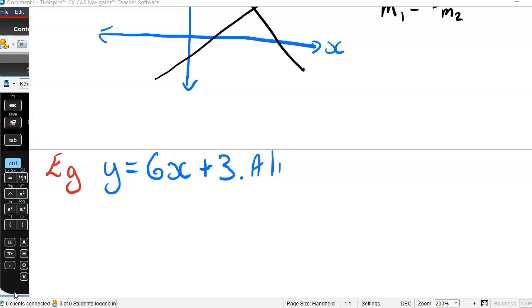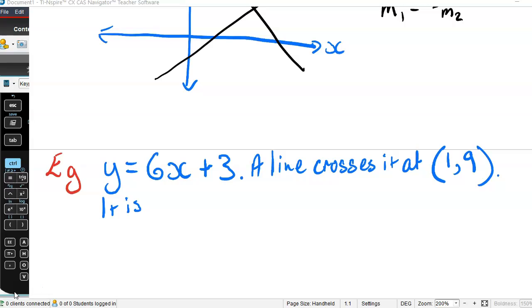A line crosses it at the coordinate 1, 9.